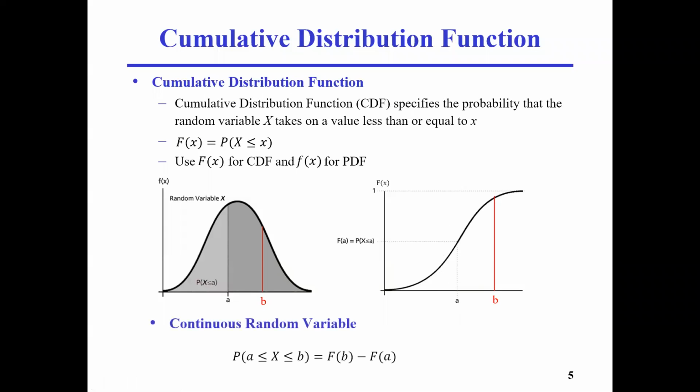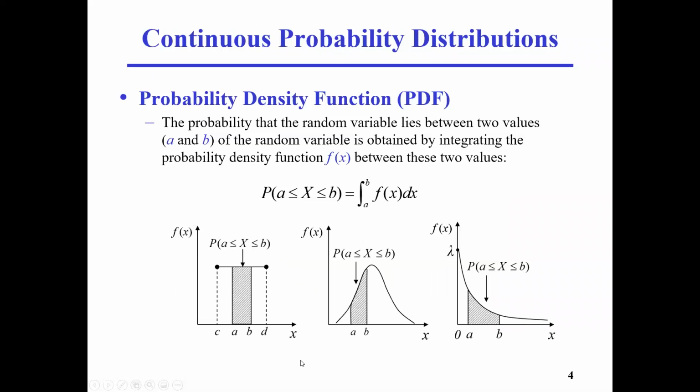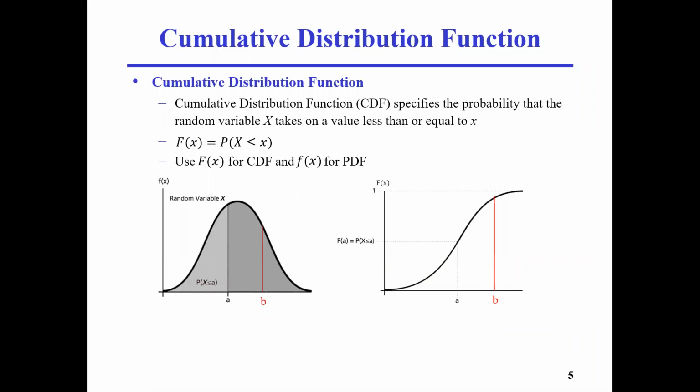Okay, and in order to calculate, for example, the probability between A and B, of course we can get back to use PDF to calculate that, but you can also use CDF to calculate that, because F(b), of course here is a CDF, equals the shaded area to the left side of b, and F(a) equals the area to the left side of a.